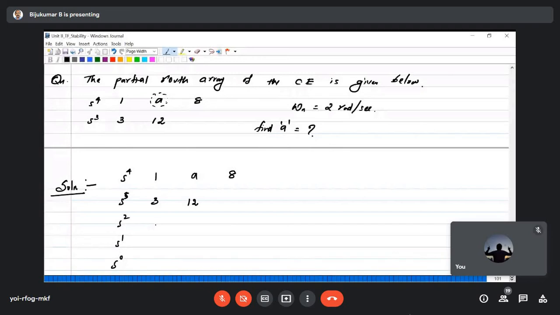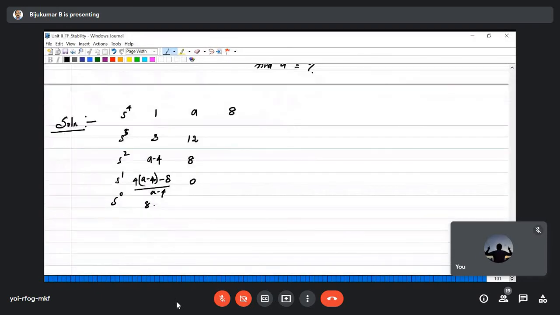So it will become A minus 4, right? Again 24 by 3, 8 will come. So what about this one? This becomes A minus 4 minus 8 by A minus 4, right? This becomes 0, this becomes 8. So this is our array.